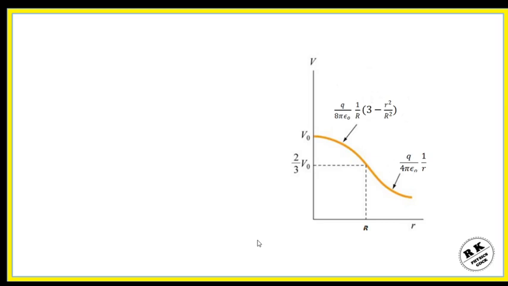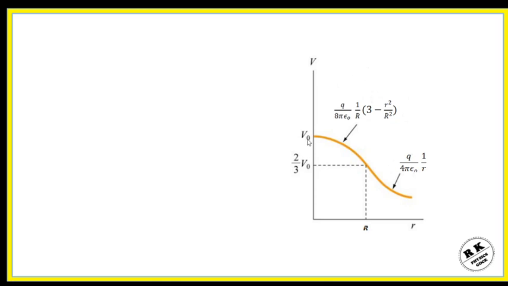Let us quickly look at how it will be graphically. Here the distance is taken on the x-axis, potential is taken on the y-axis. If we plot the graph, we have seen in the previous slide that inside the spherical distribution, potential is varying like this.